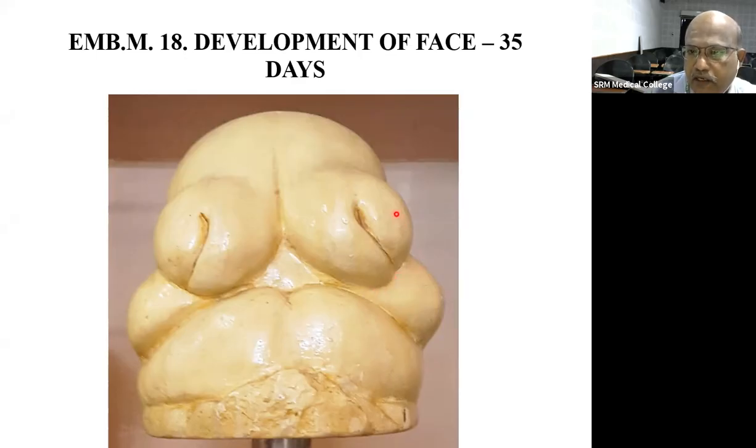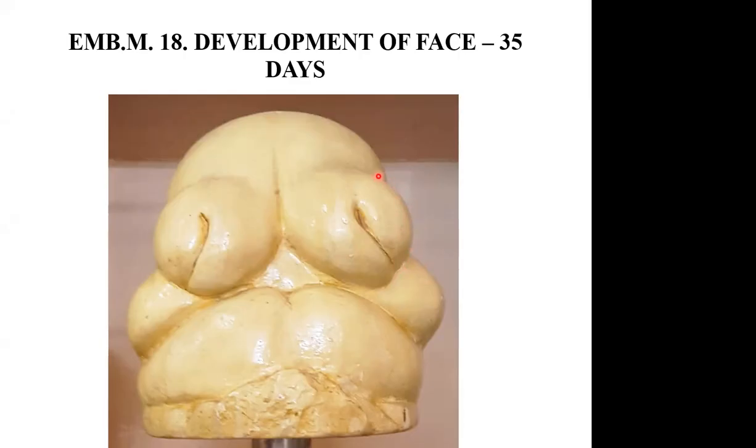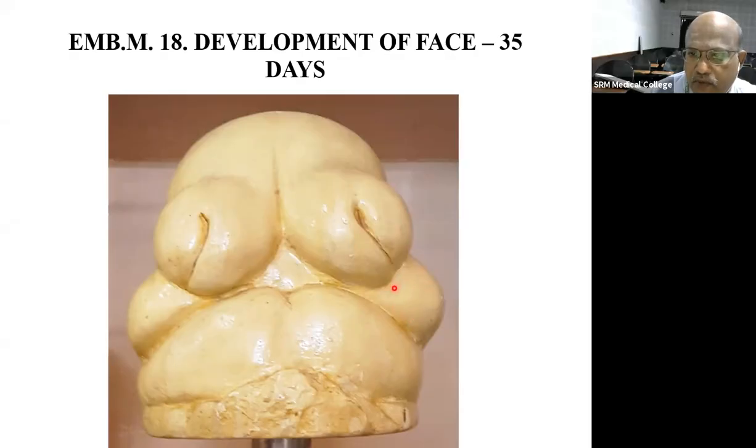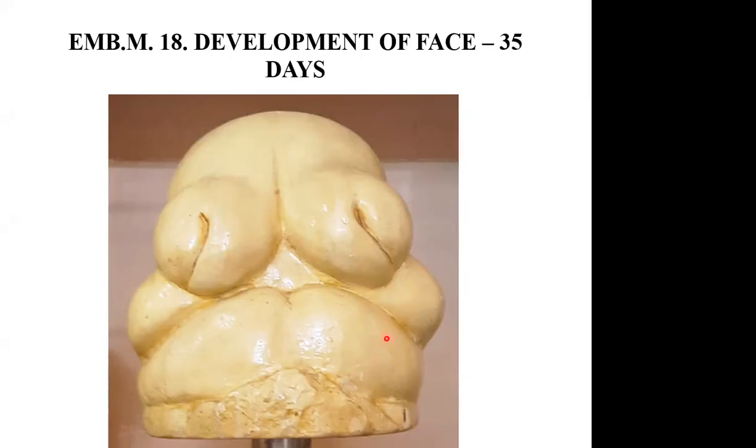If there is failure of fusion of the lateral nasal process with the maxillary process, you will get an oblique facial cleft. The maxillary process is also getting fused with the mandibular process to form your cheek.